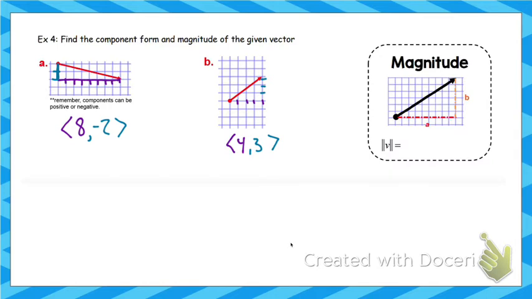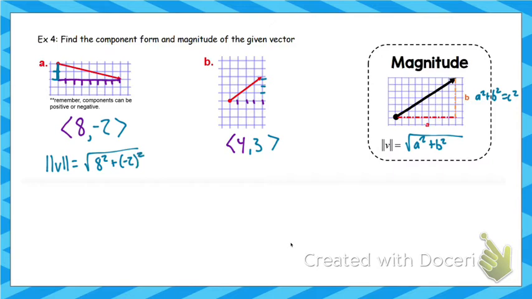So all we need to do for magnitude is the Pythagorean theorem. So magnitude, that's your notation, remember. I would do a squared plus b squared equals c squared. So c would be the square root of a squared plus b squared. So let's go back to both of these. The magnitude here would be the square root of 8 squared plus (negative 2) squared.